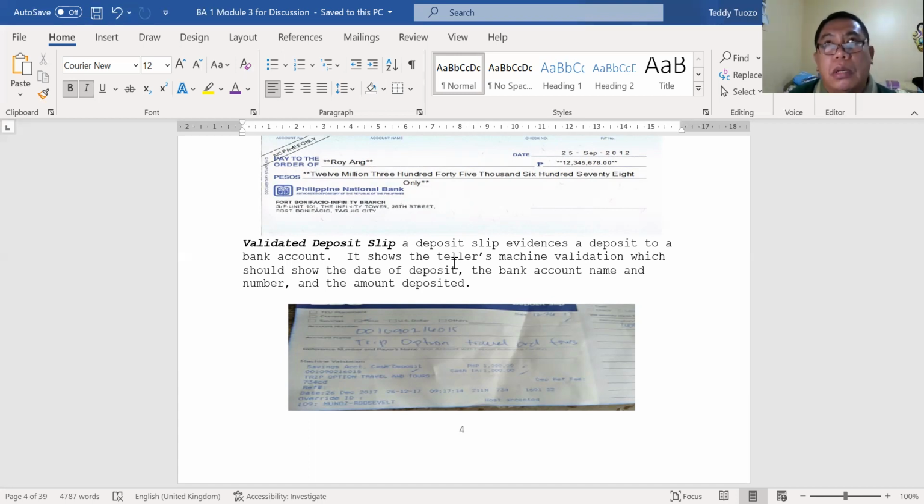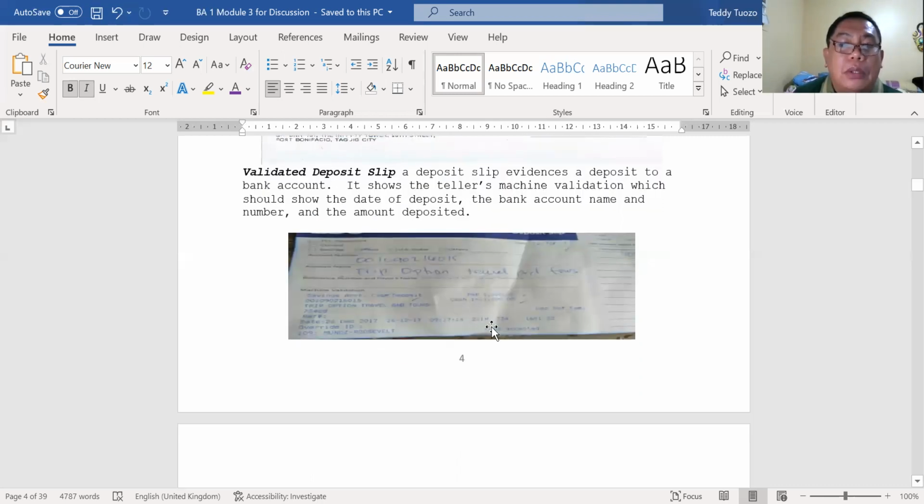Because if you prolong it and do not collect the validated deposit slip, there may be something wrong with the transaction. So it should be done, no? That is an example of the validated deposit slip, with machine validation.